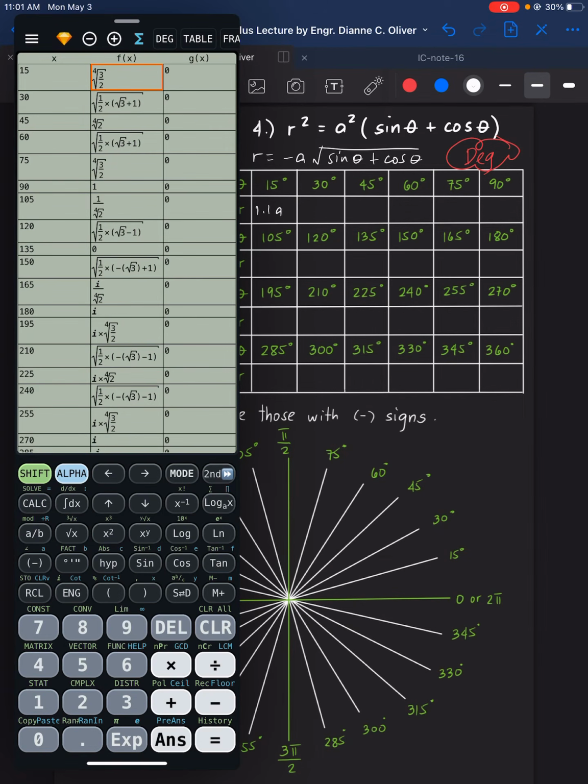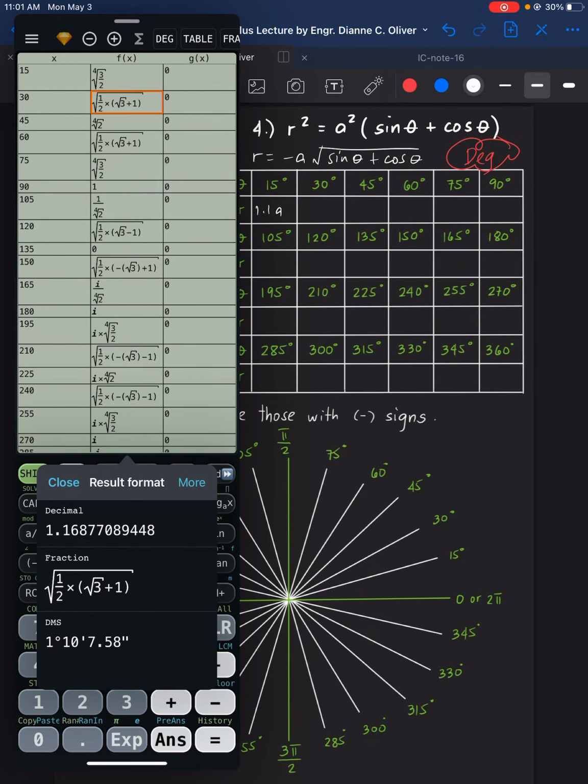1.1a, 30, 1.17a, 45, 1.19a, 60, 1.17a, 75 is 1.1a, 90 is a.